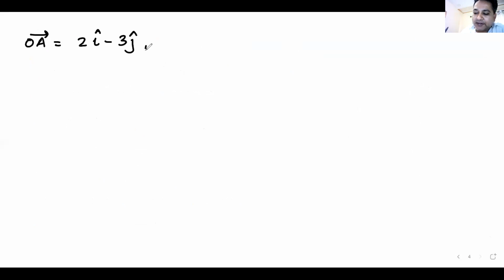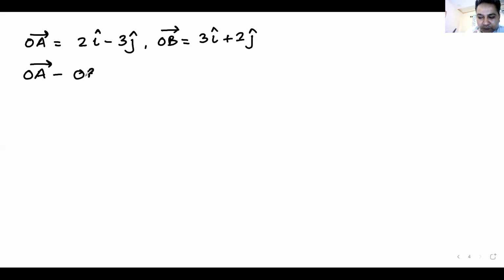Okay, and then I have one vector which is OB vector, and OB vector is 3i plus 2j. We have already added them. Let us subtract them. Can you find me OA vector minus OB vector? Anyone?